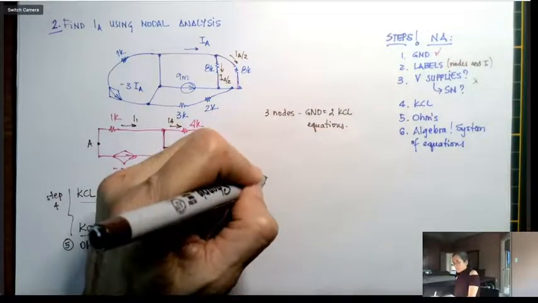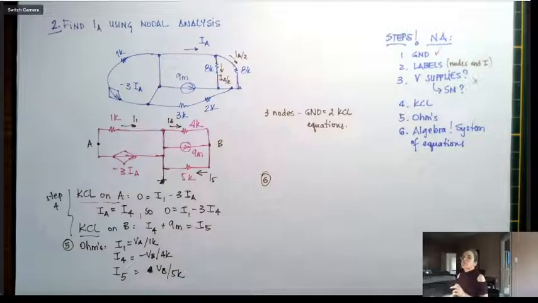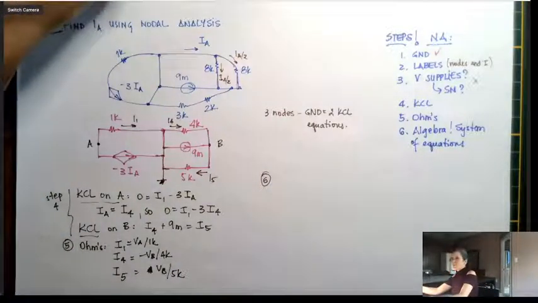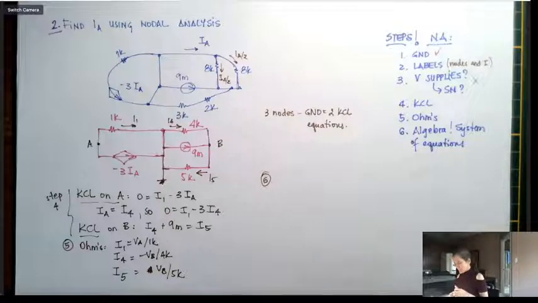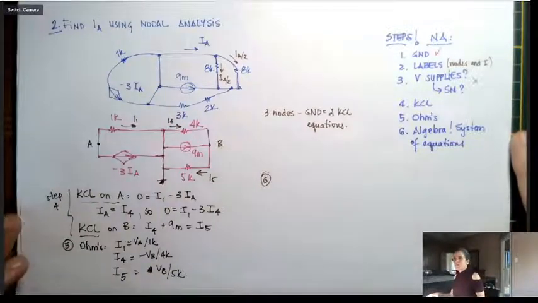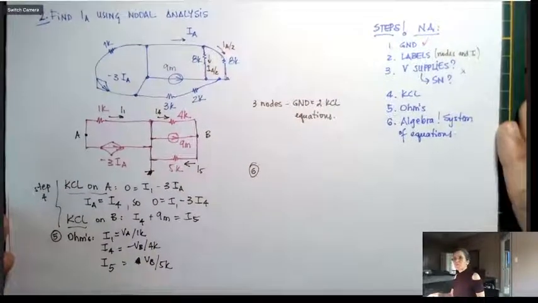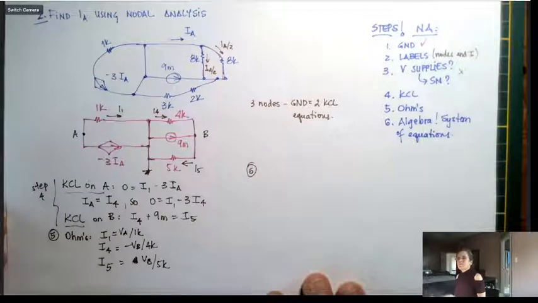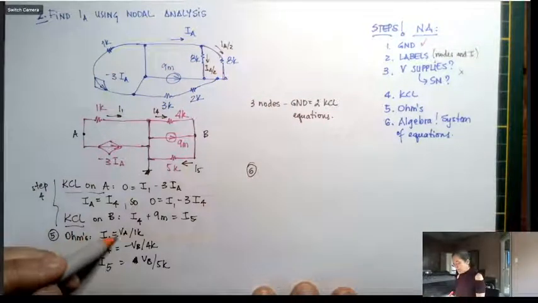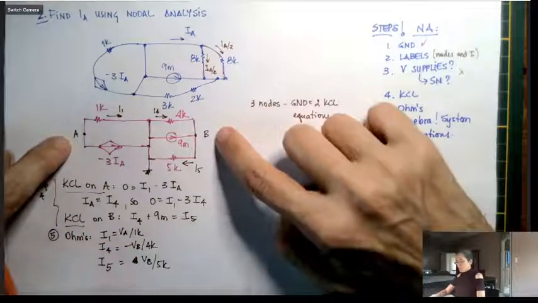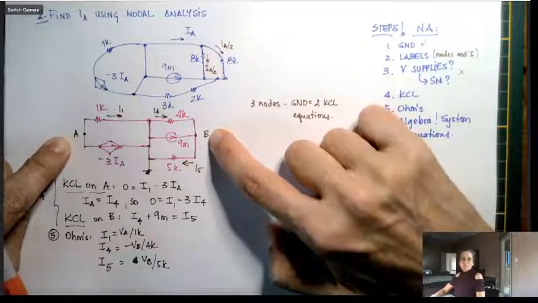And finally, I'm going to make the system of equations. I hope you see how much simpler this is than the example that we did in class. Yeah, I felt pretty bad after class today, so I'm hoping to remediate it with this video. Now you see I have VA and VB as the only two variables for Ohm's law.